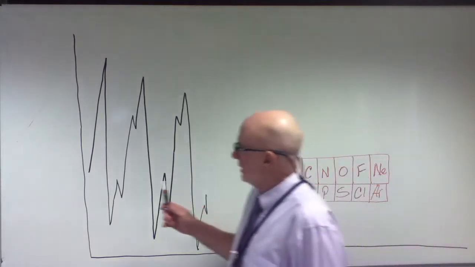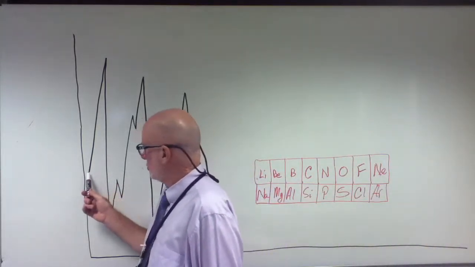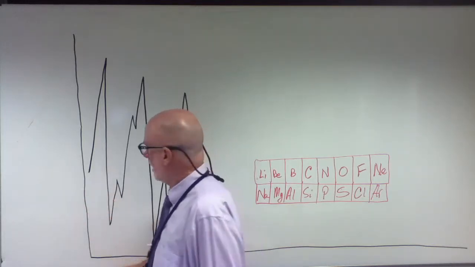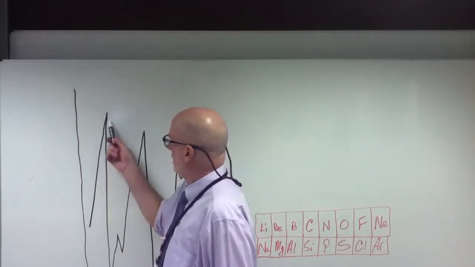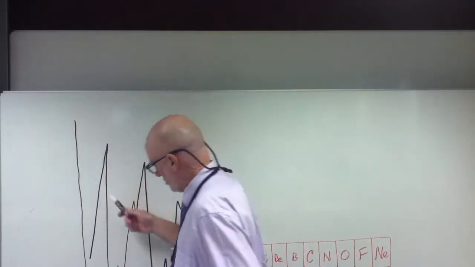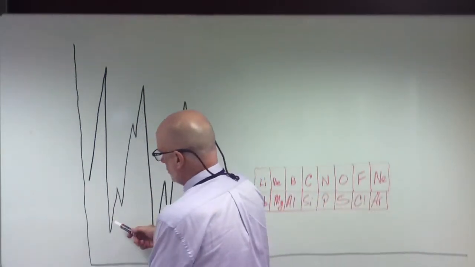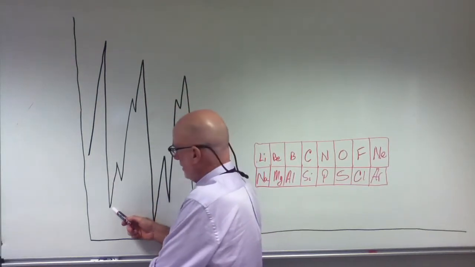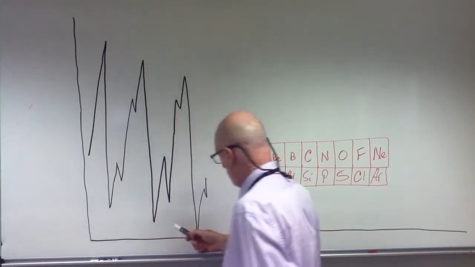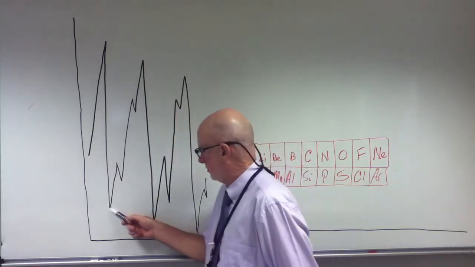So you can easily see this. We're starting off here with what? This is actually hydrogen, right? Good. Hydrogen. And then you're going to go up here, and what's up here? Helium. And then you're going to come back down to lithium, right? So what are these elements here?